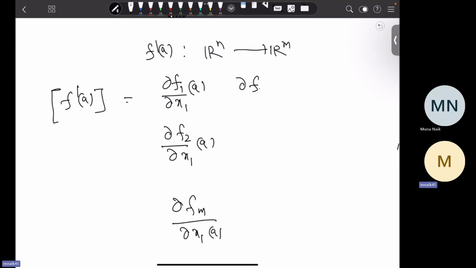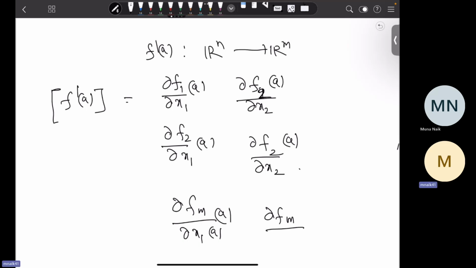Similarly, the second column will be del F1A by del X2A, del F2A by del X2A, down to del Fm by del X2A. So similarly, what will the last column be?